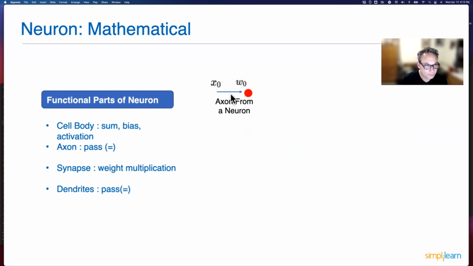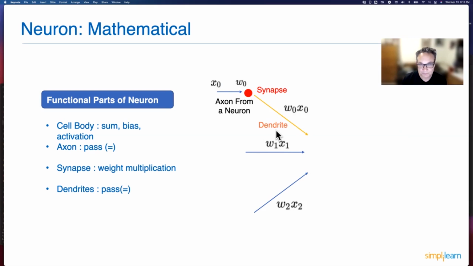And it's passing through a synapse. The synapse is represented by this W, or weight. It says how much of this pulse makes it through to the next neuron. It's the strength of that axon, the previous neuron firing, going through to the next neuron.